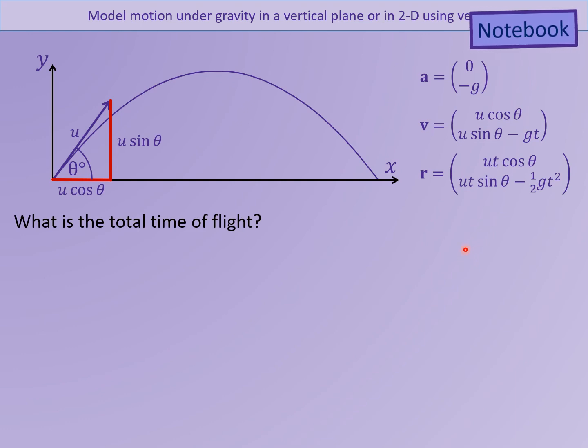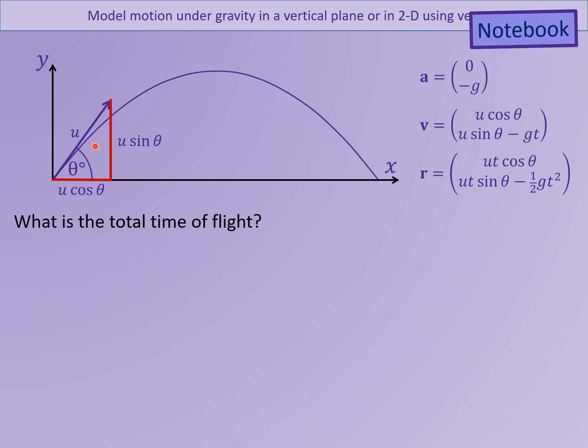Right, what I want to do is work out the total time of flight then. How long does it take to travel from there to there? I want a general equation so that I could just fill in the information. So what's important about the time of flight? Well, if I look at the projectile going up, reaching the maximum height, and coming back down, at that point just there, it's got a height of 0.